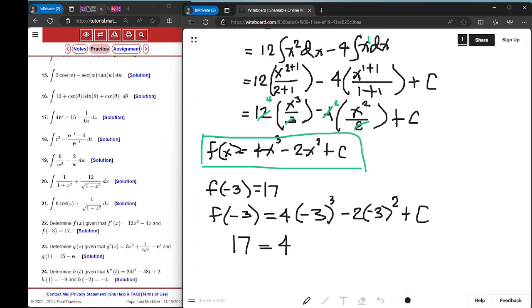Negative 3 cubed: 3 times 3 times 3, that's negative 27. Am I right? So that's 27.